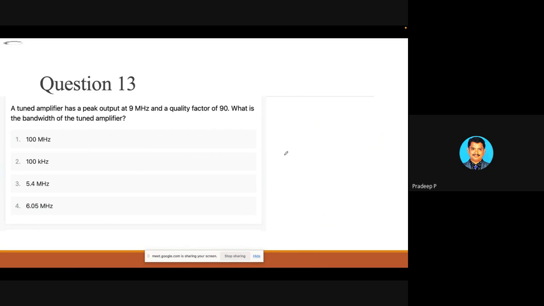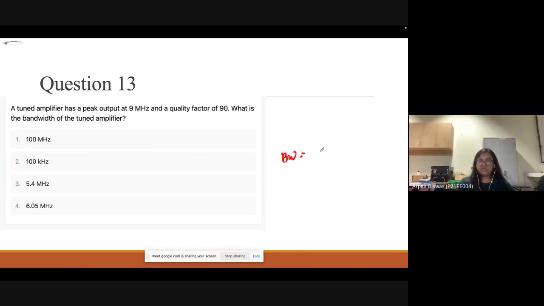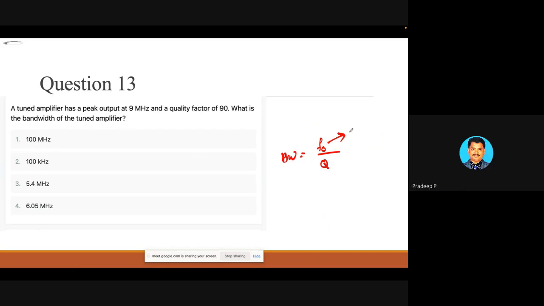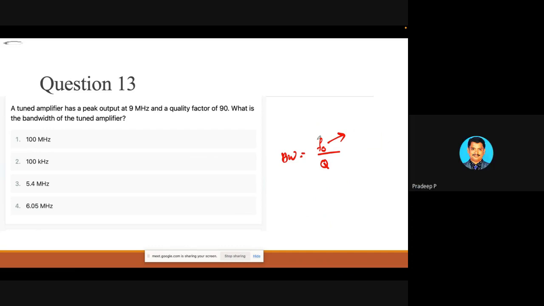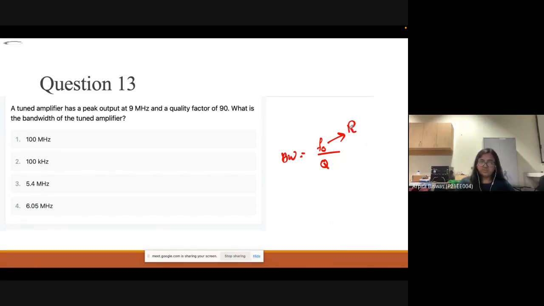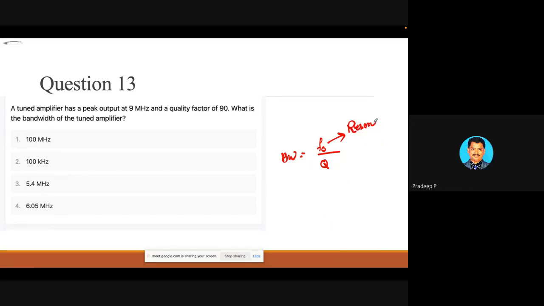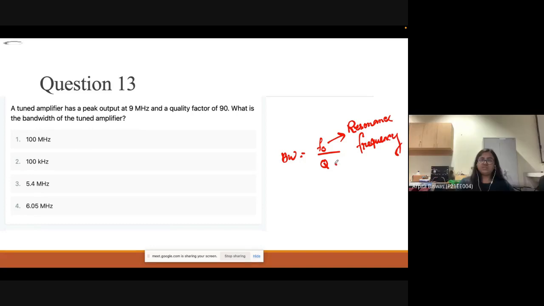So bandwidth is equal to FR by quality factor. And what is FO here? 9 megahertz, 9 into 10 power 6. It is indicating which frequency? It is the resonance frequency. And this is the quality factor.